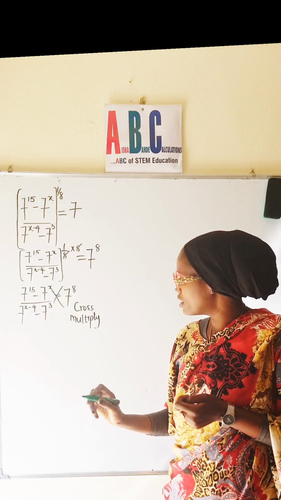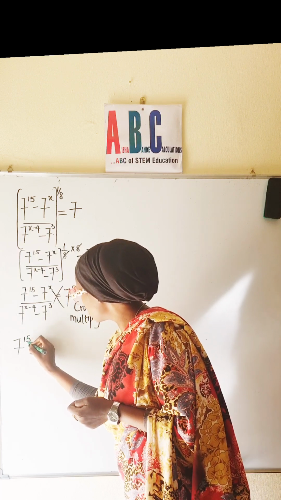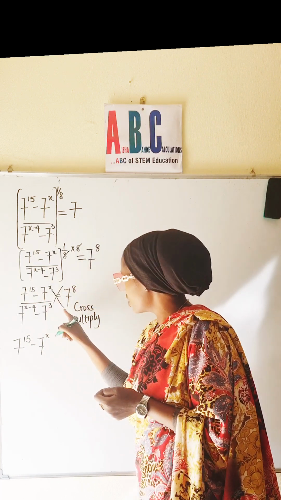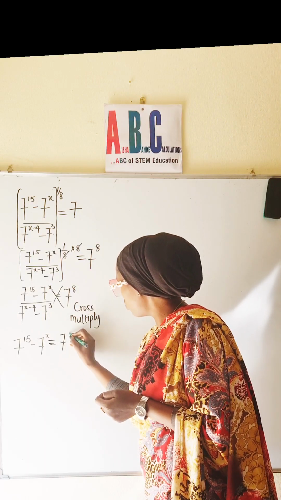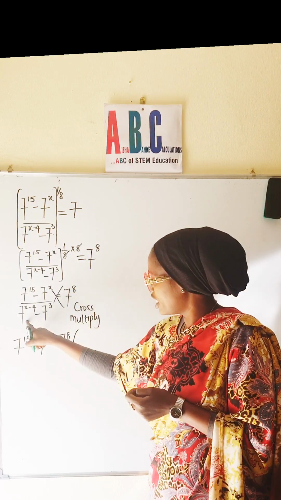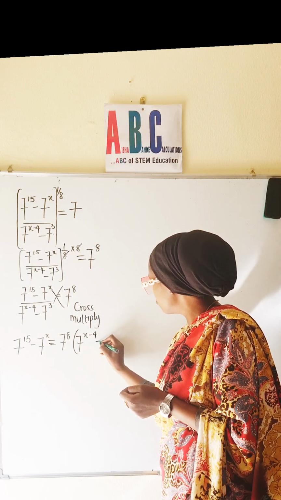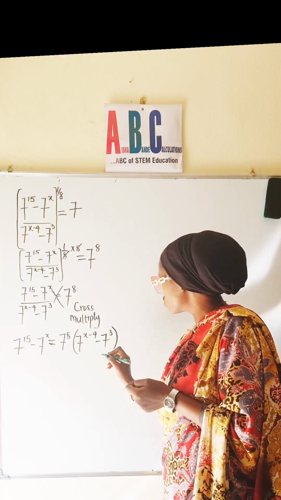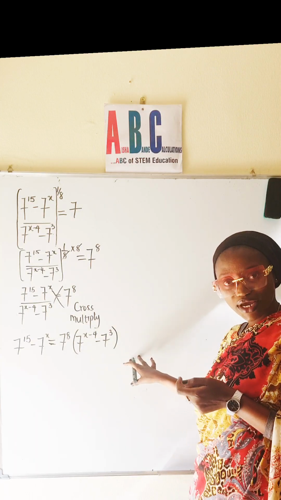If we cross multiply, we'll have 7^15 − 7^x equal to 7^8 multiplied by (7^(x−4) − 7^3). So what do we do at this point? We're going to simplify and open up this bracket on the right hand side.